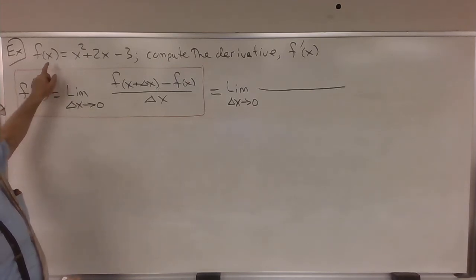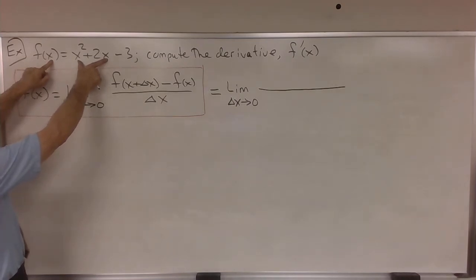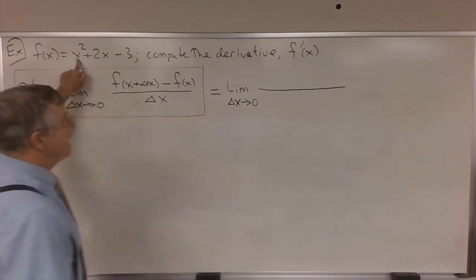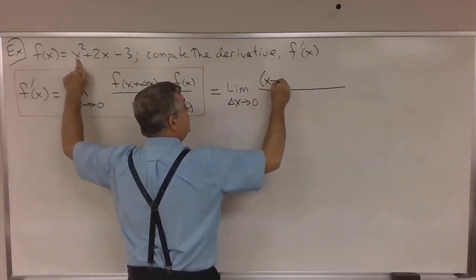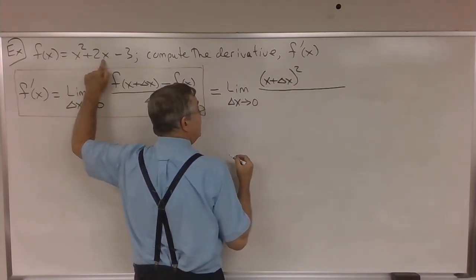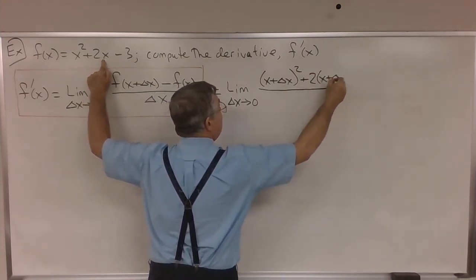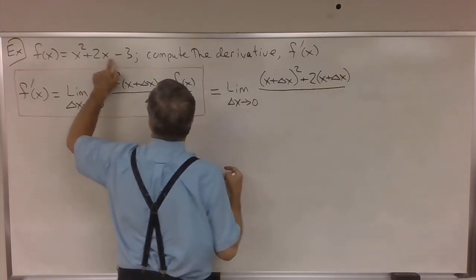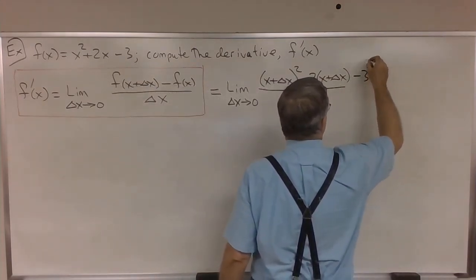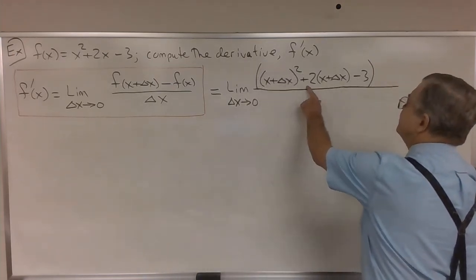So, we look at our model f of x, and every place up here that we see an x, we're going to put an x plus delta x down here. So we have an x squared, we're going to put x plus delta x squared down here. We have 2x, we're going to put 2 times x plus delta x down here. We have a negative 3 here, we're going to put a negative 3 here. So that is our f of x plus delta x.